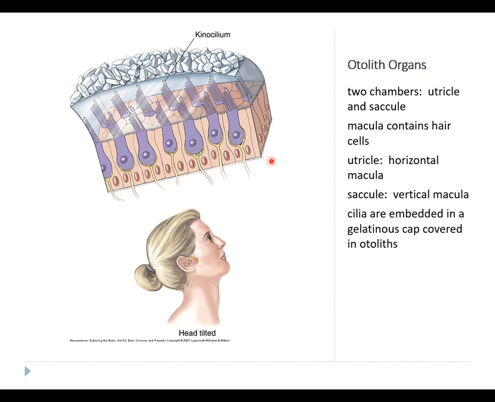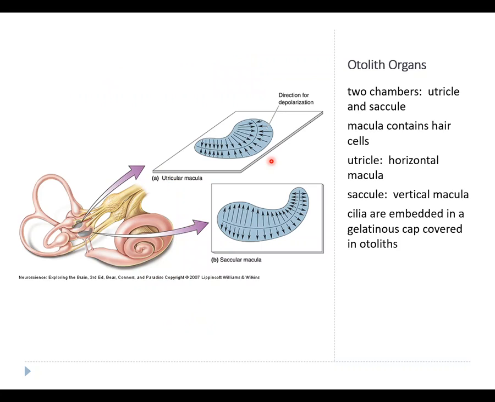So again, the job of the otolith is, if you're standing still anyway, to essentially detect which way is down. Because each one has a macula covered in hair cells, and those hair cells have cilia that are oriented in every possible direction.